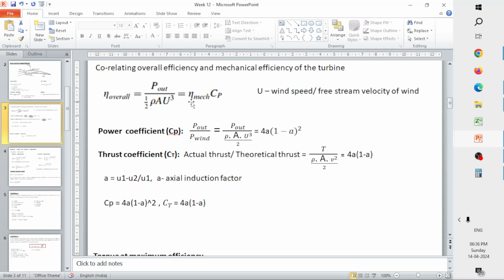We are supposed to take all those into account to calculate the efficiency, because at the end of the day, that is what we are actually going to harness from the wind energy. So that is the reason the eta mech term, the mechanical efficiency of the turbine, comes into the picture. So let's use this expression.